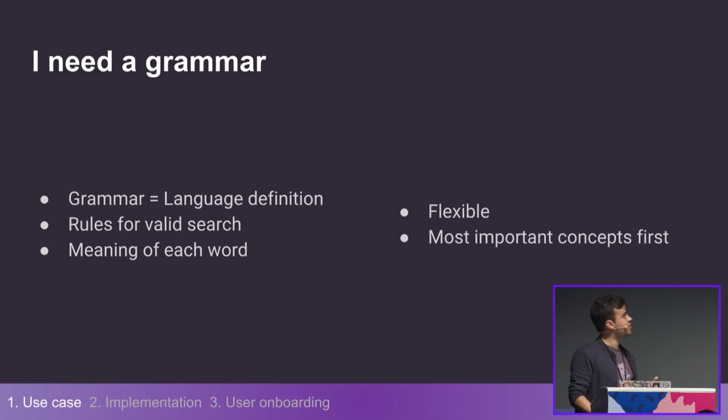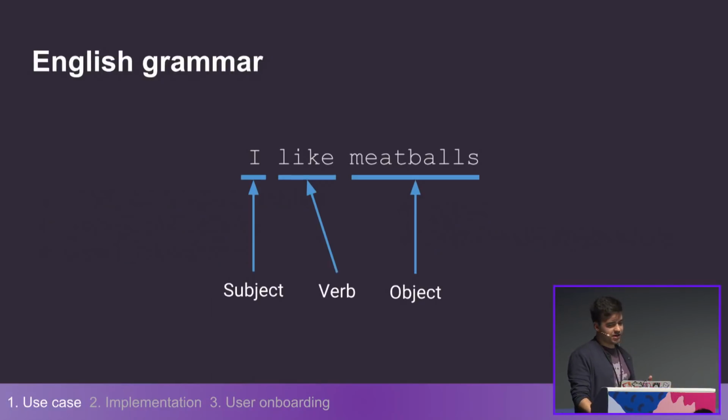Two things you should care about when writing your grammar: you have to make it flexible enough for the user to be able to write any kind of different queries. And also you want to make sure your most important concepts, the first things the user is going to look for, are the first things they have to write, so that they can benefit from your query language really fast. Let me give you a quick example to give you a better idea of what a grammar is.